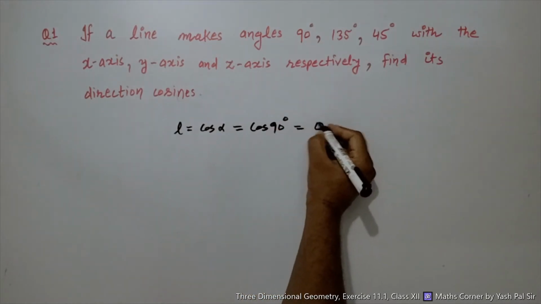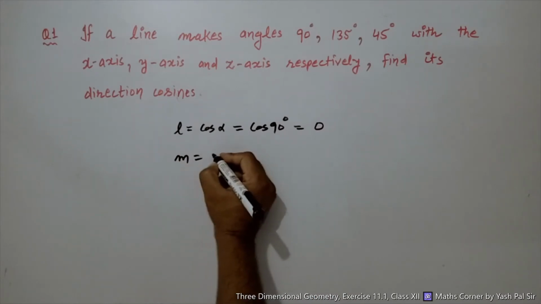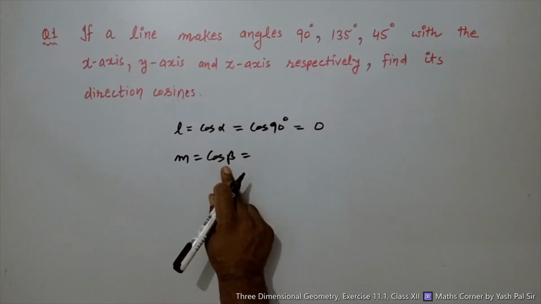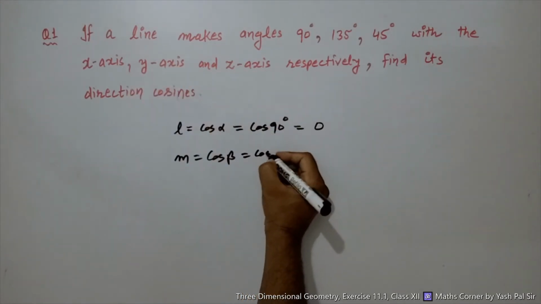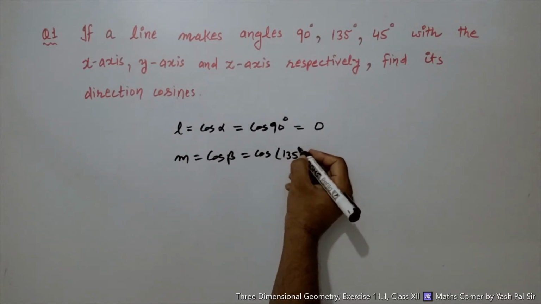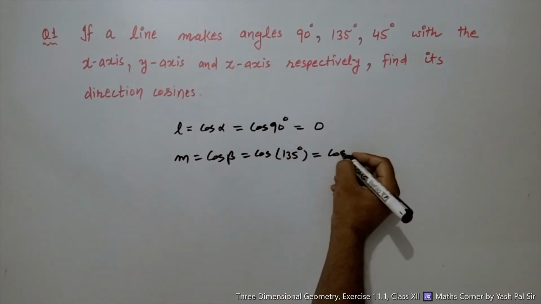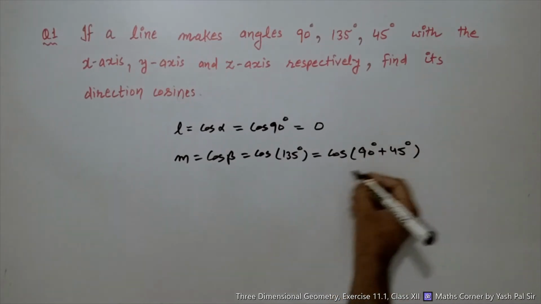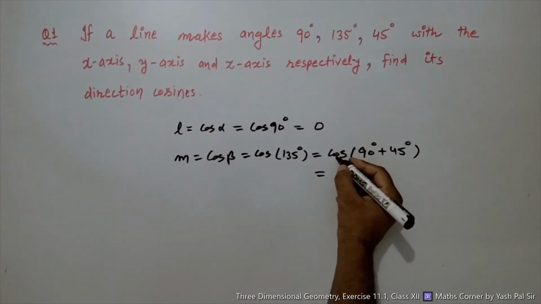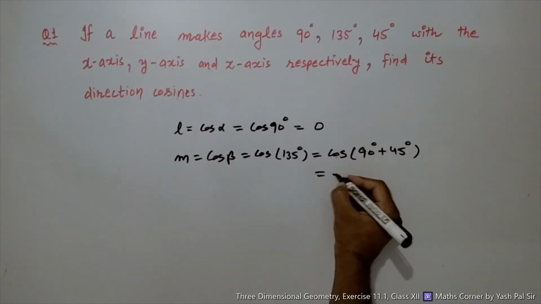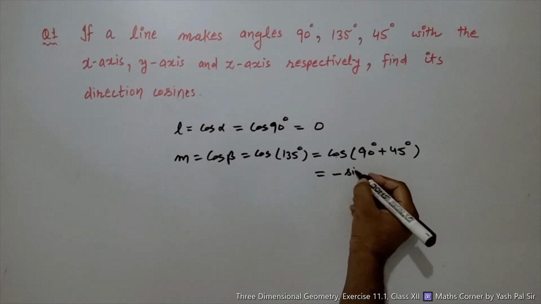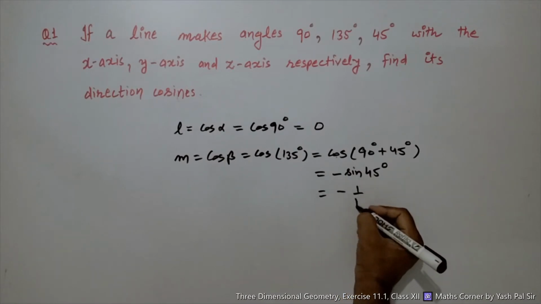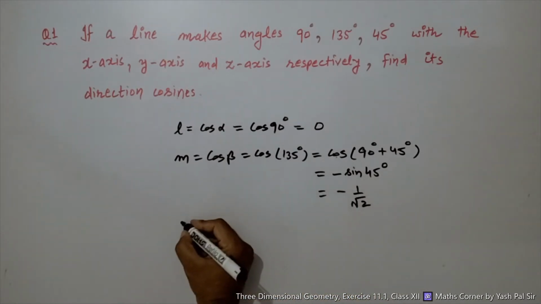Cos 90 degree is equal to 0. m is equal to cos beta. Beta is the angle made by the line with y-axis. So here this is cos 135 degree. That means cos of 90 degree plus 45 degree. This is in second quadrant. In second quadrant cos is negative. So this becomes minus sine of 45 degree, which is equal to minus 1 upon square root 2.